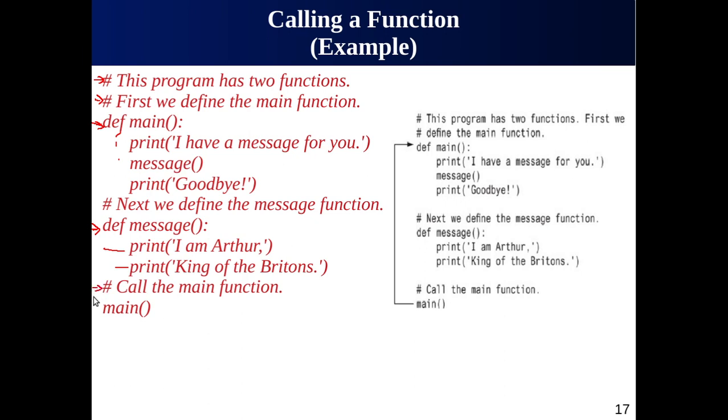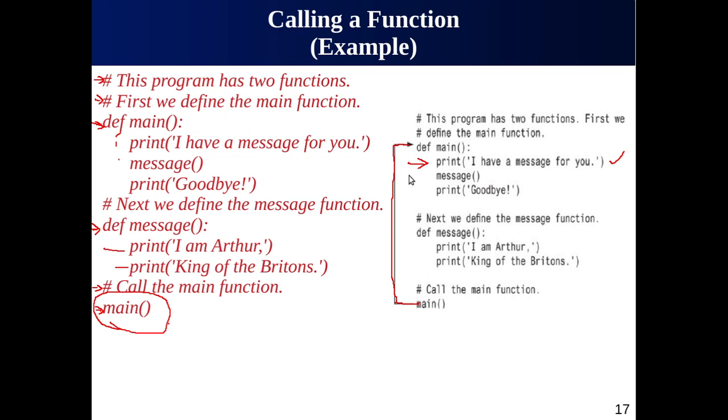Then come here. Comments, ignore them. Come to main. Now we are calling a function with the name main. The interpreter will jump. Once we reach here, it will jump to the location where main has been defined. First, it will execute the first statement of this function. I have a message for you. This statement will be displayed on the screen.